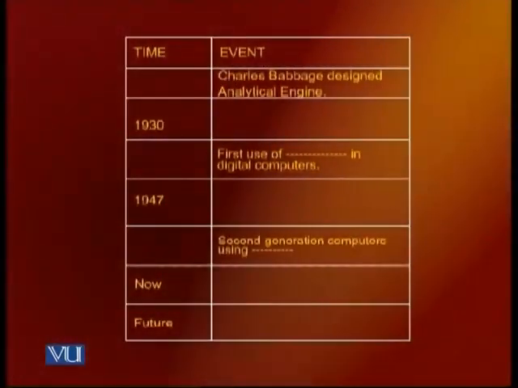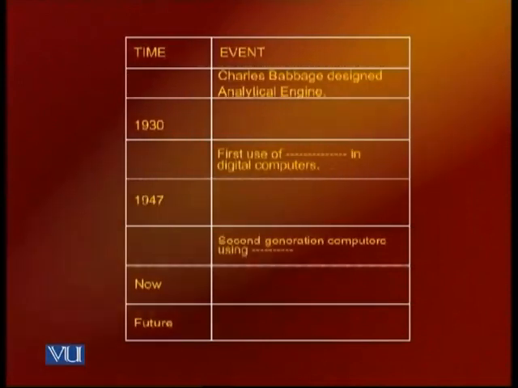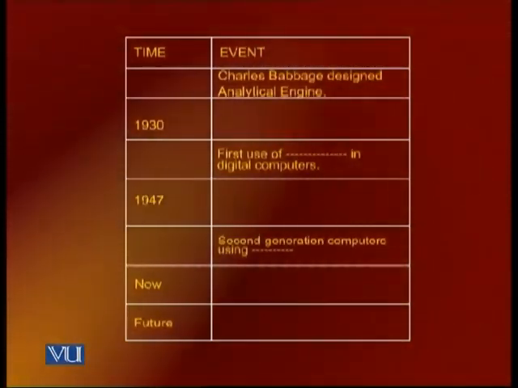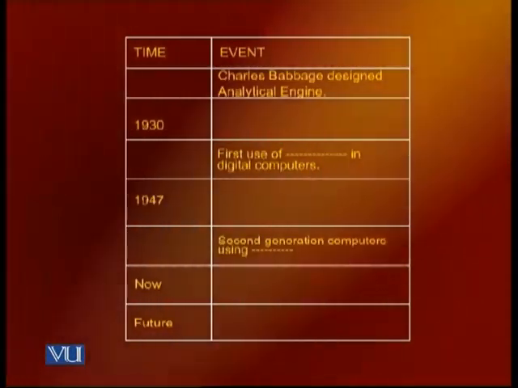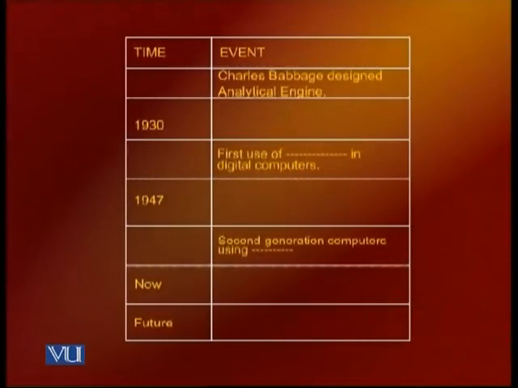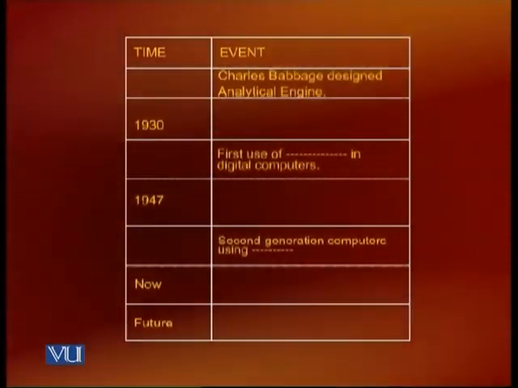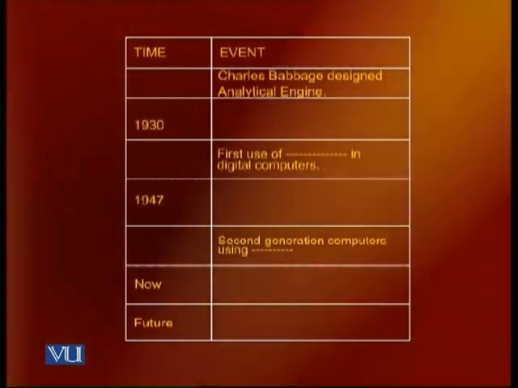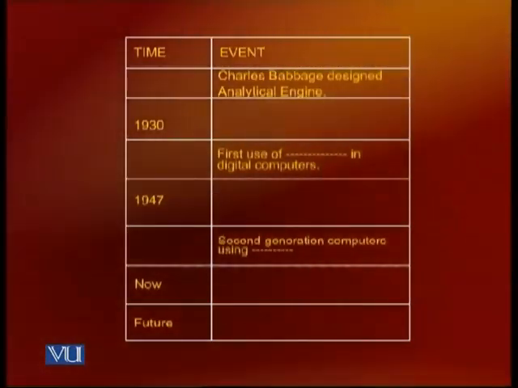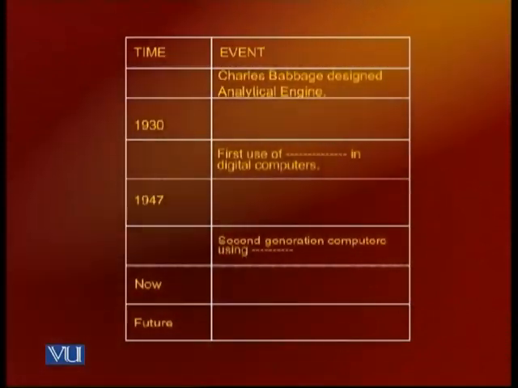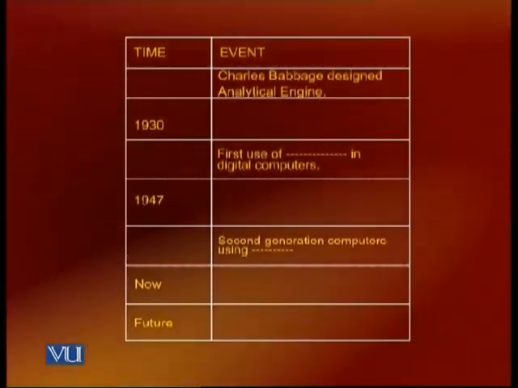Now, in the space opposite the word now, what will you write? There is a hint for you. You've talked about first generation computers, second generation, third generation. So you will write: fourth generation computers were reduced in size due to miniaturization by means of chips. And the last word is future.